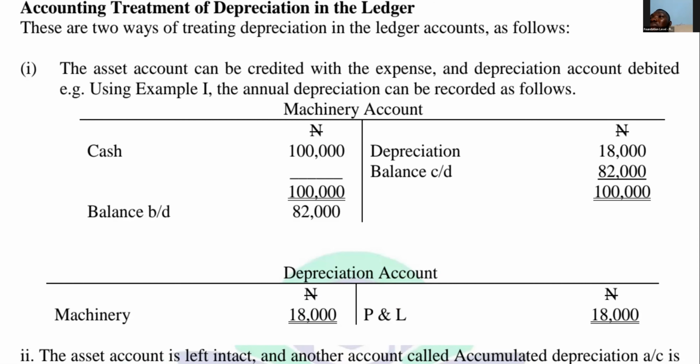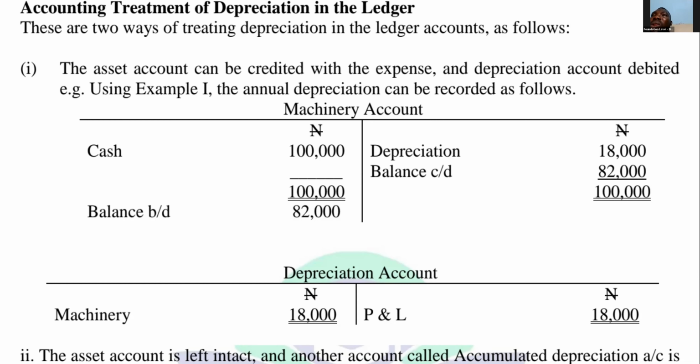Let's assume it's paid in cash. Your cash is given, so you credit your cash account. Your machine account, which is your asset account, is receiving, so you debit it, it's increasing. You debit that account with 100,000, the actual cost of the asset.